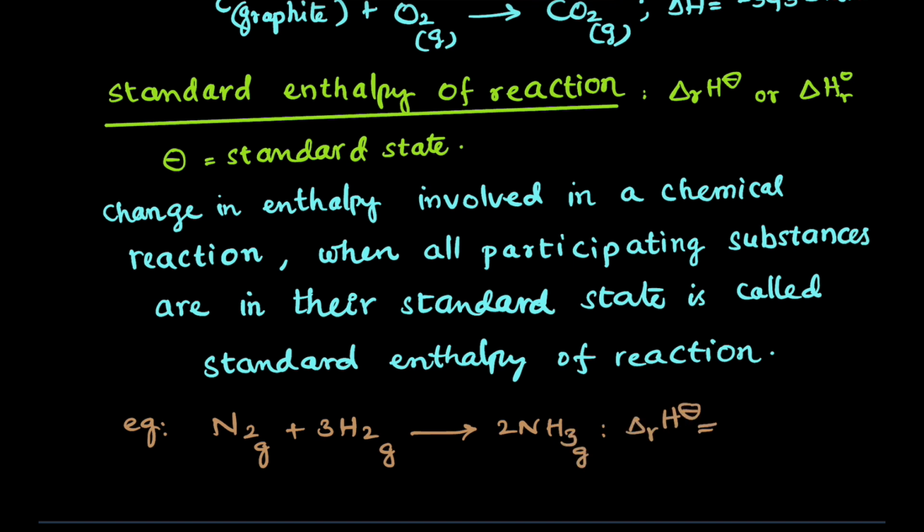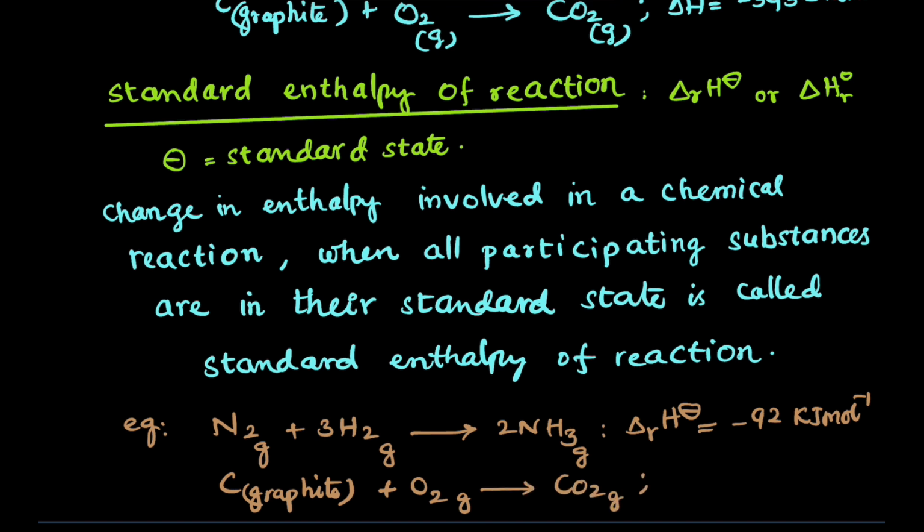Therefore, here is the previous equation again, but the standard enthalpy change of this reaction is minus 92 kilojoule per mole. Similarly, I took graphite combustion, which gives carbon dioxide. Its standard enthalpy change is minus 393.5 kilojoule per mole.